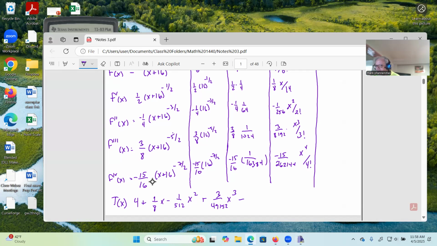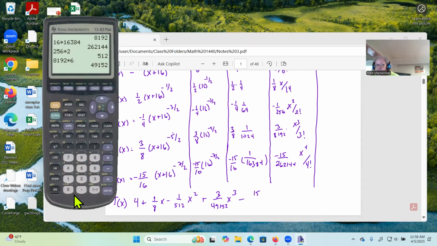Okay, and then finally minus 15. And what is 262144 times 24? Because 4 factorial is just 24. Again, the 3's will cancel out, a 2 will cancel out, so some stuff will cancel with this.